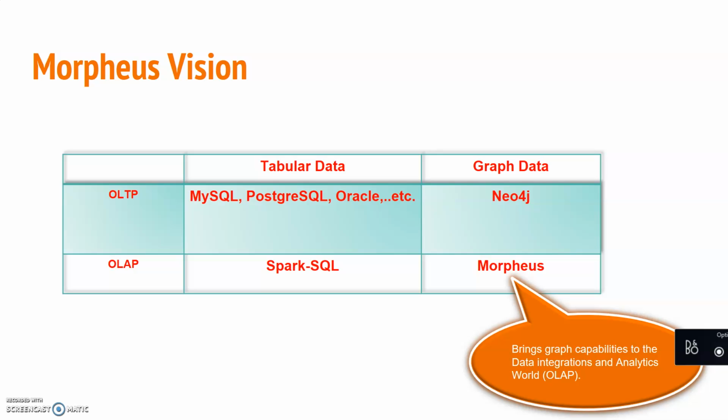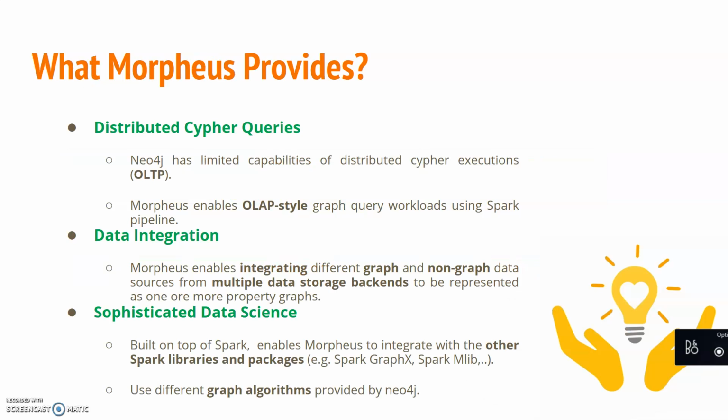So, the vision of Morpheus is to bring graph capabilities to the data integration and analytics world, the OLAP world, I mean. Morpheus can currently provide powerful features such as distributed Cypher graph queries, which enable OLAP style graph query workloads using the Spark pipeline.